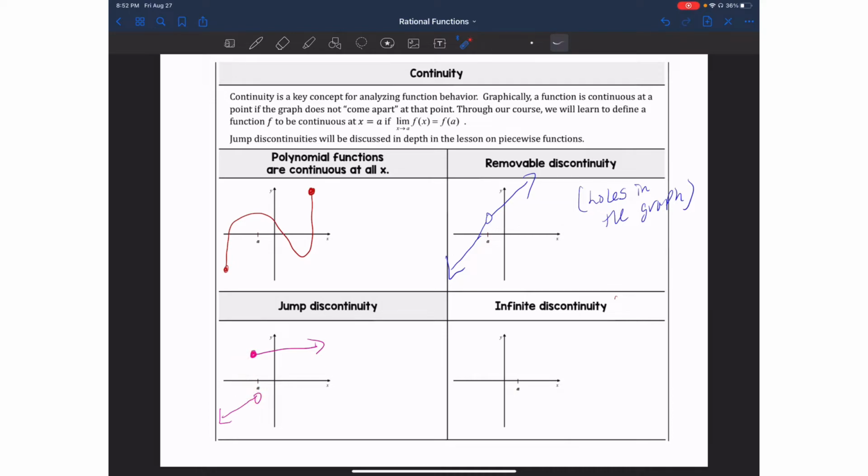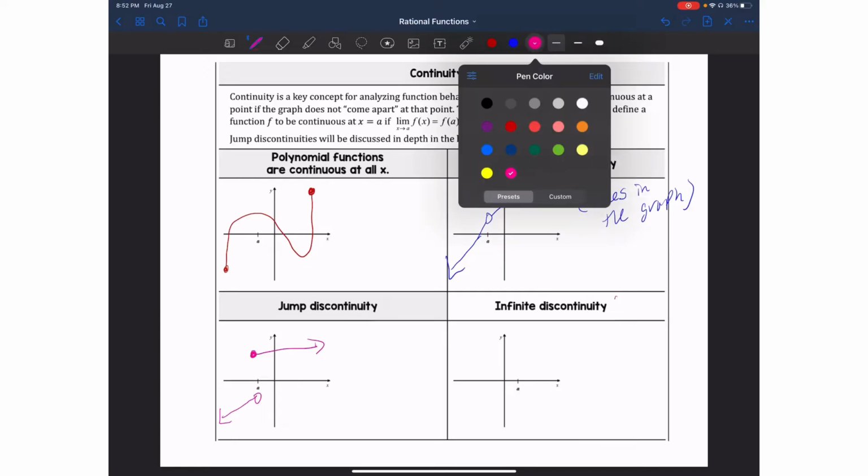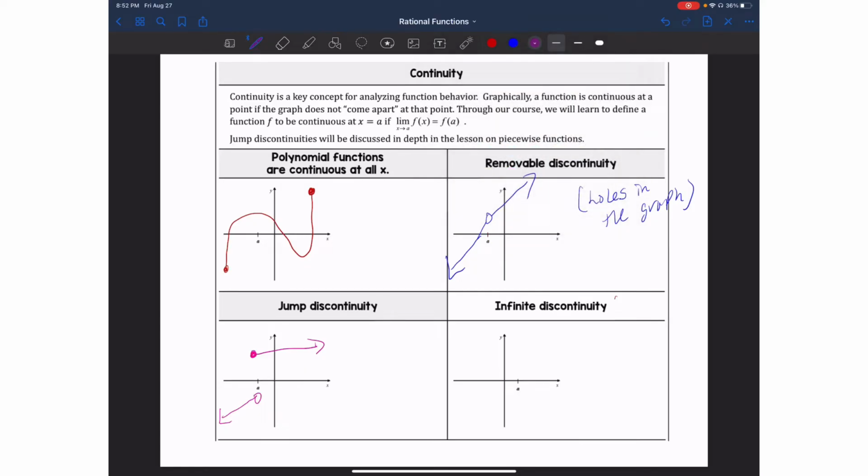The third one is an infinite discontinuity, which again, you have seen before, but we used to call it a vertical asymptote. It's going to look something like that.